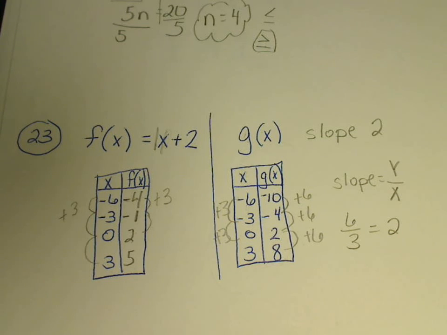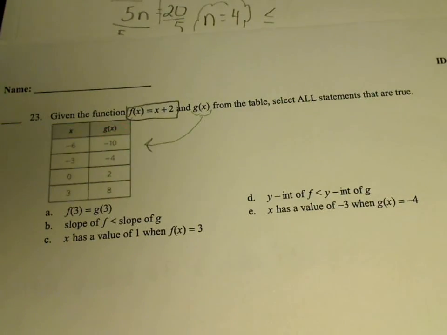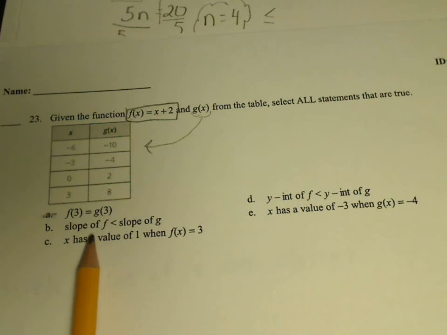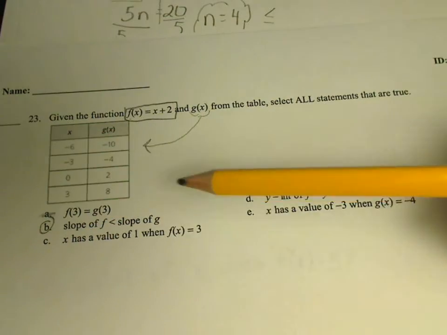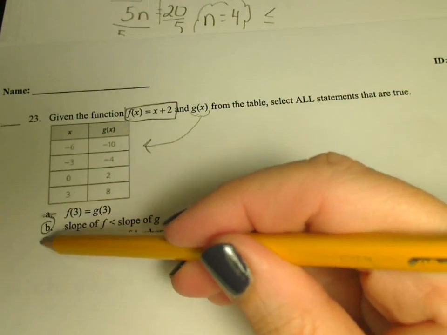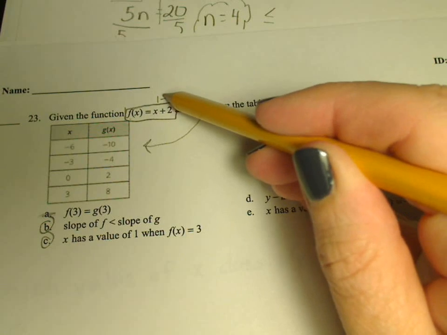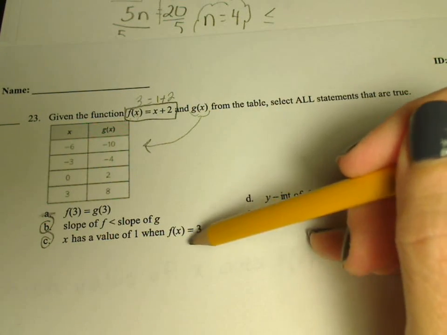Okay, and the next statement. I'm going to put these here now. So we've said they were not the same, so we eliminated that one. We said yes, the slope of f was only 1 and the slope of g was 2. So that's an answer. We said yes, that's true, because if you made that x a 1, 1 plus 2 is indeed 3 for f of x.